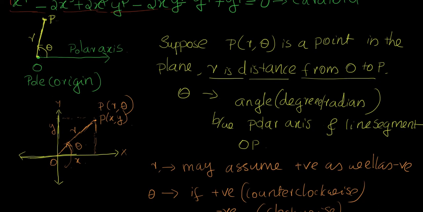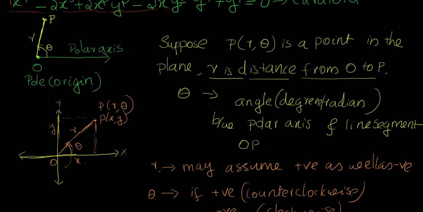We need two things: the origin, which we call the pole, and a polar axis, which is actually the positive x-axis. So this is the polar axis and this is the pole. Using these two we can represent any point.